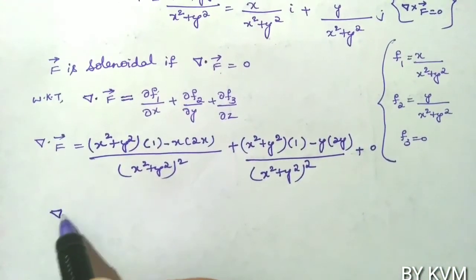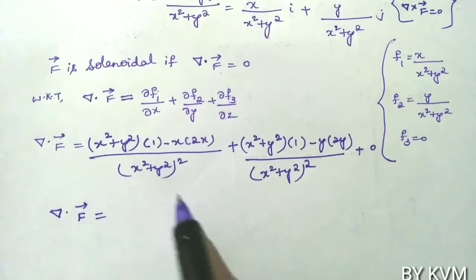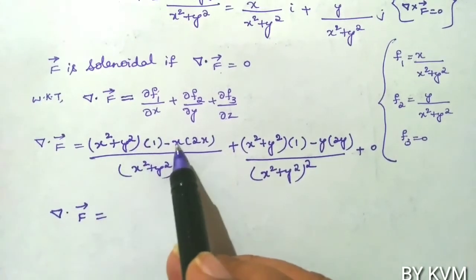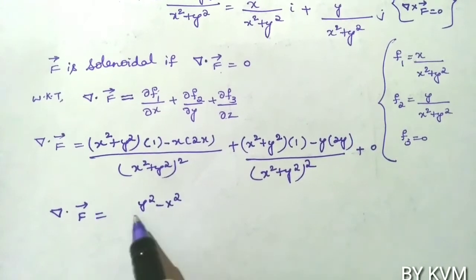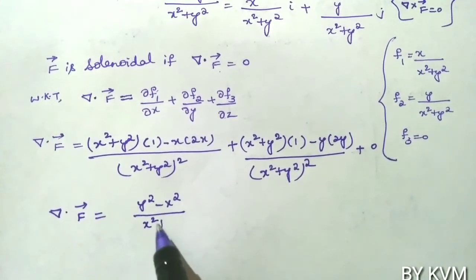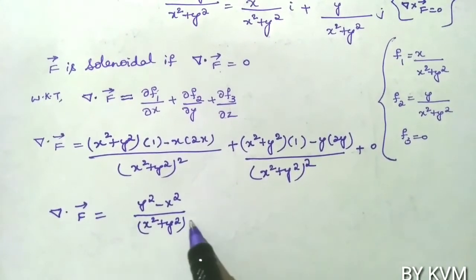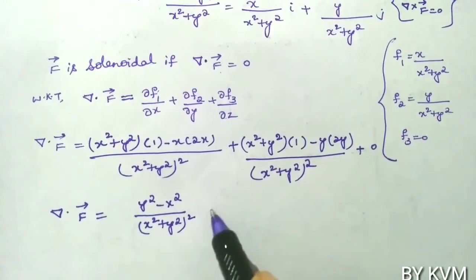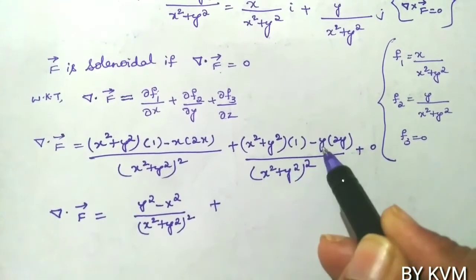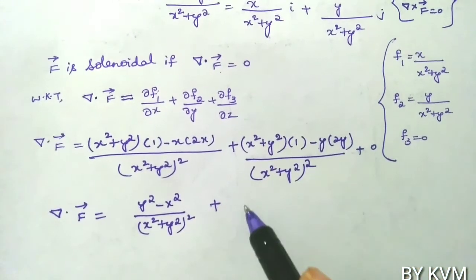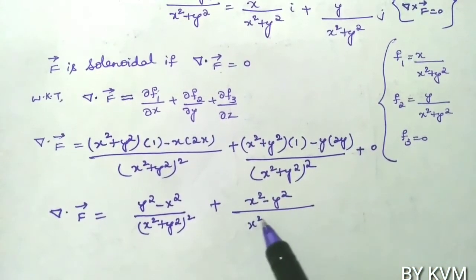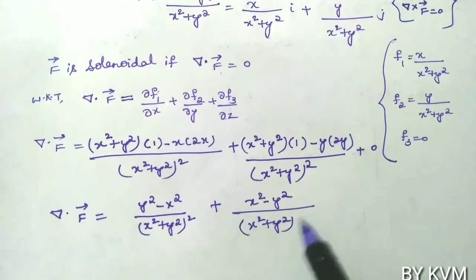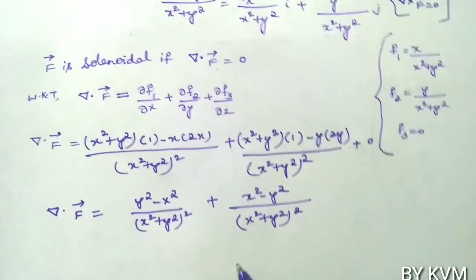So now del dot vector f equals (x² + y² − 2x²) so it is (y² − x²) by (x² + y²)² plus (x² + y² − 2y²), so (x² − y²) by (x² + y²)².